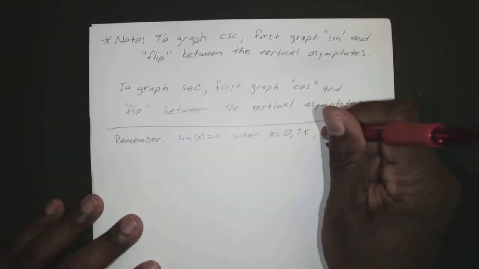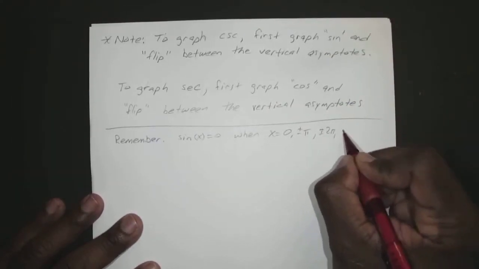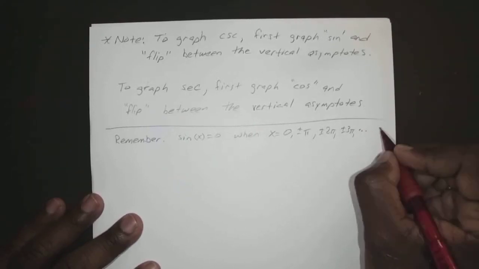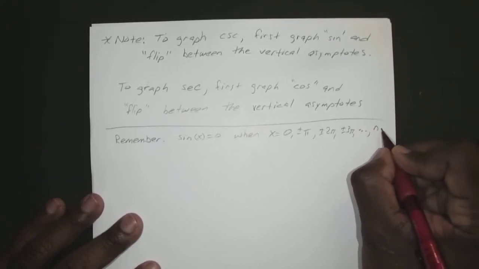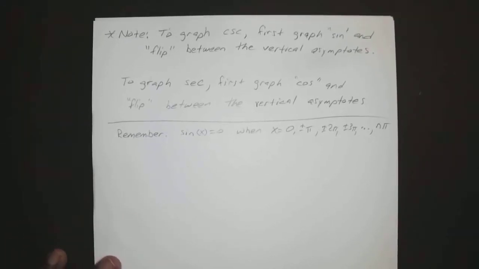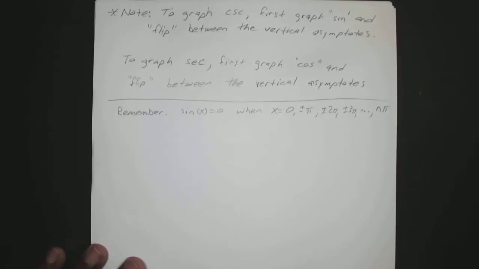But positive or negative 2 pi, positive or negative 3 pi, pretty much any whole number times pi. Well, we might as well say integer. Any integer times pi will make sine equal 0. 1 pi, 2 pi, 3 pi, 4 pi, and so on.